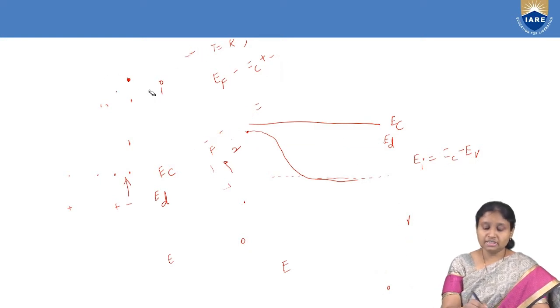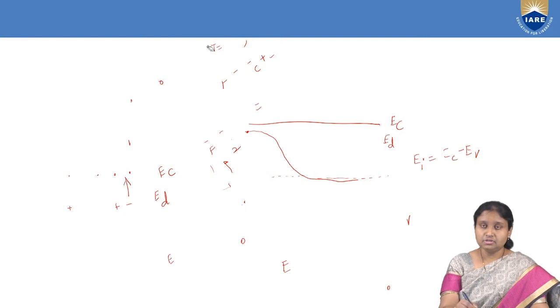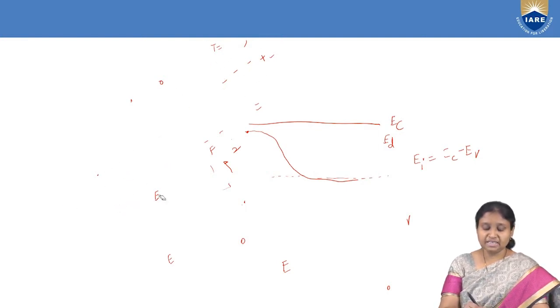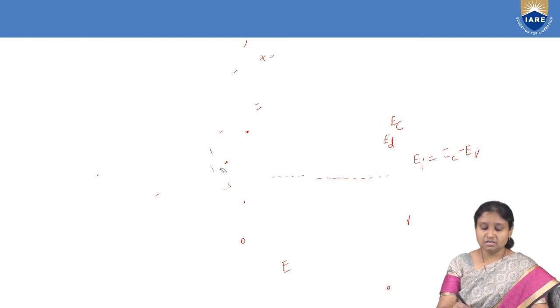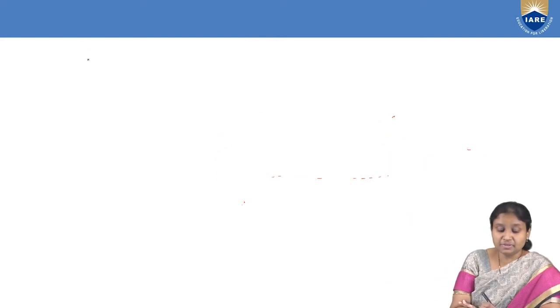We are going to draw the energy level diagram for p-type and n-type semiconductors. First I'll take the p-type semiconductor, and then I'll take the n-type semiconductor, and then we'll see how exactly we can draw this. Right, first I'm going to take p-type.